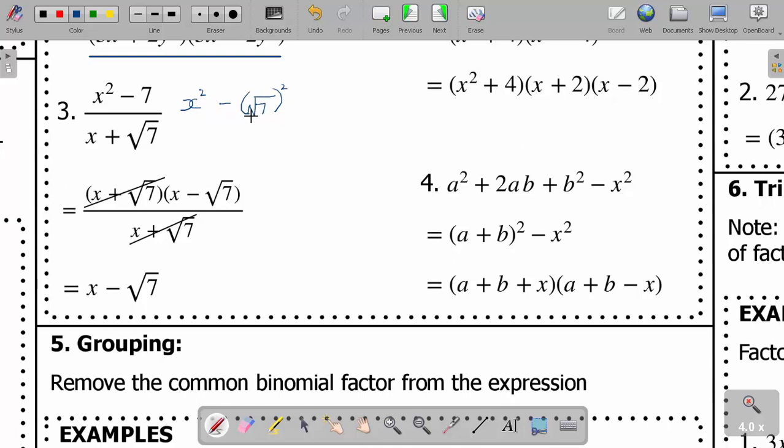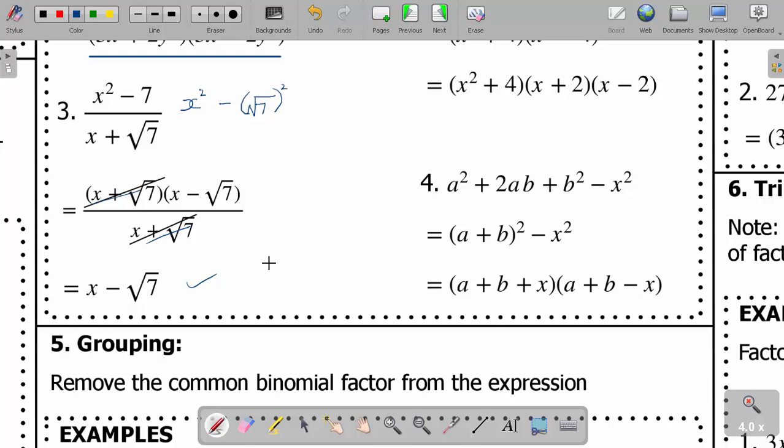But because I wanted to create a difference of two squares that I can continue, the square root of x squared is x. What about the square root of (root 7) squared? It's root 7. That's why it's x plus root 7 times x minus root 7, divided by x plus root 7. So I can now cancel this one with this, and I'm left with x minus root 7. Hope we are together guys.